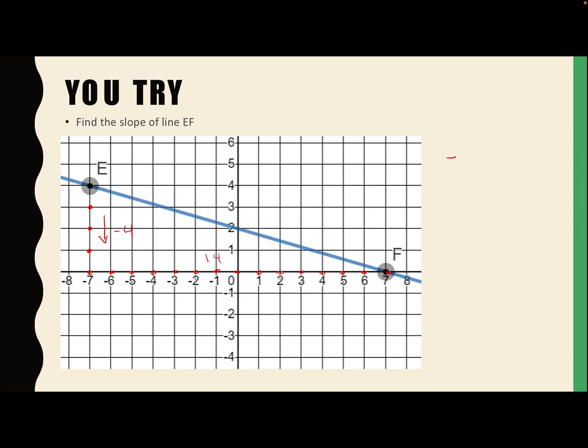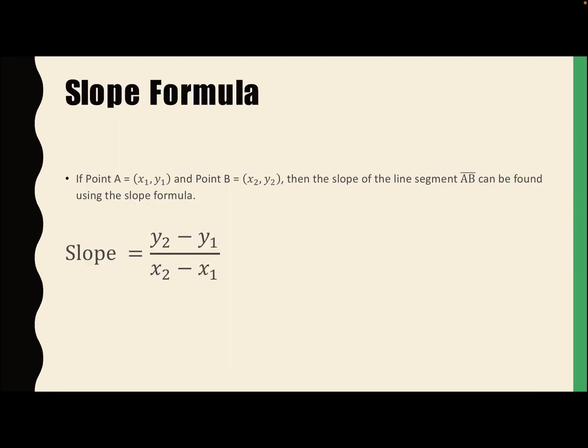So we get -4 divided by 14. That reduces to -2 divided by 7. That is the slope. So if we have 2 points, A has coordinates x1, y1, and B has coordinates x2, y2, we know the slope is y2 minus y1 over x2 minus x1.